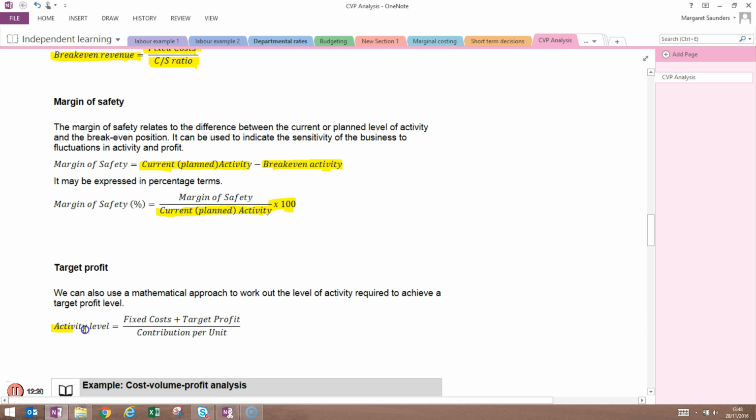So the number of units, the activity level, is the fixed costs plus the target profit we're looking for, divided by the contribution per unit. And that tells us how many units we need to sell. So those are the formulae that you need to know. So now we're going to have a look at applying some of those in an example.